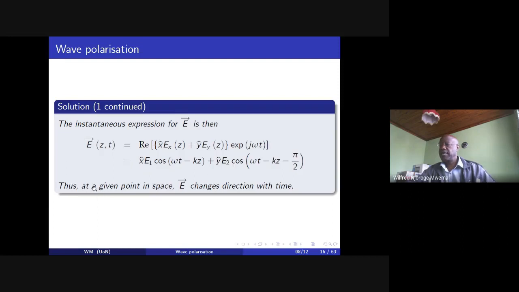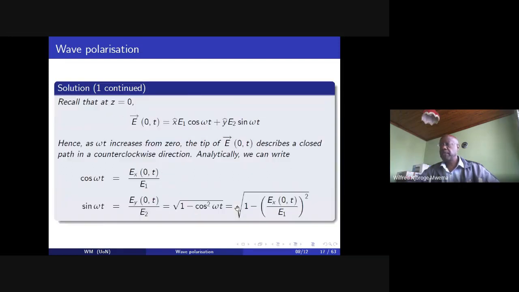Therefore, at a given point in space, E will be changing its direction with time. If we recall that at Z equal to 0, E of 0 at t is just E1 cos omega t plus sin omega t, then as omega t increases from 0, the tip of E will be describing a closed path in a counterclockwise direction.